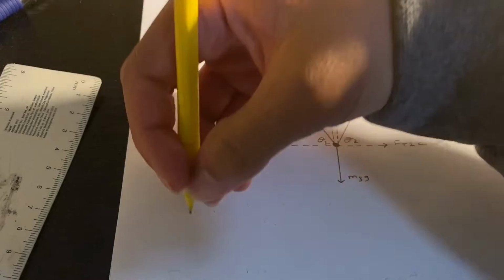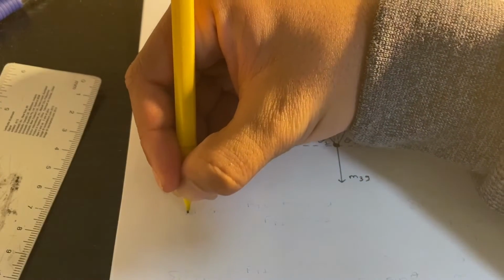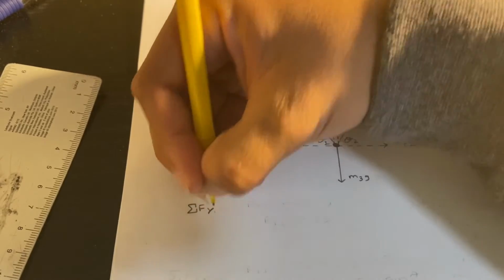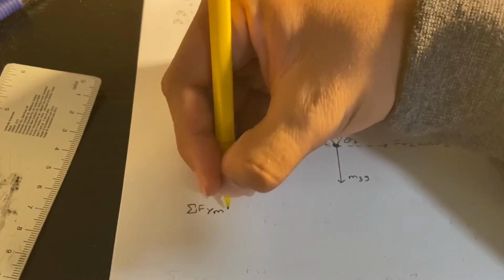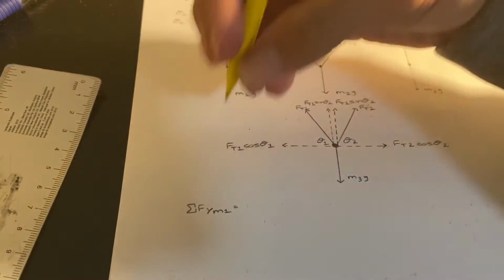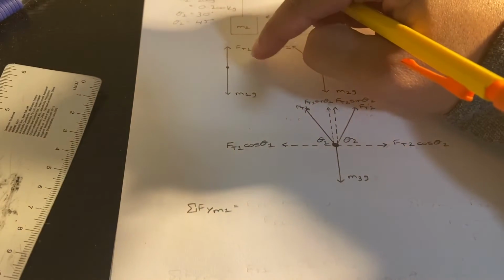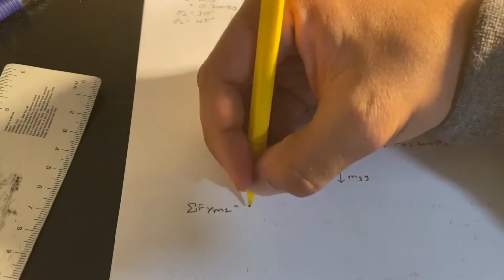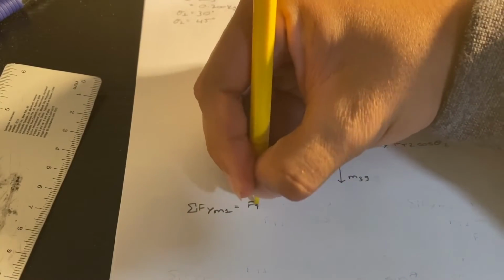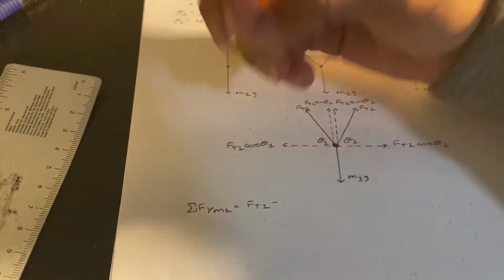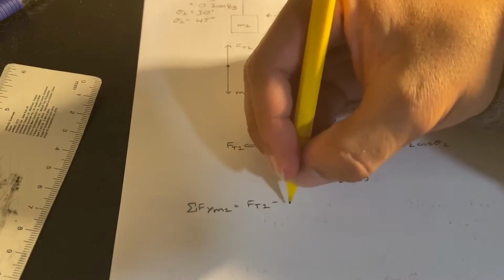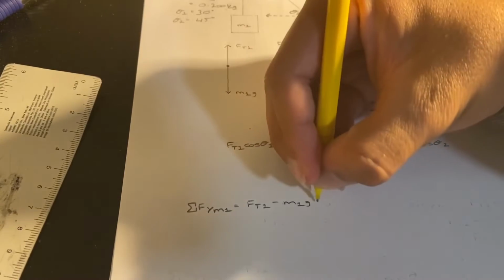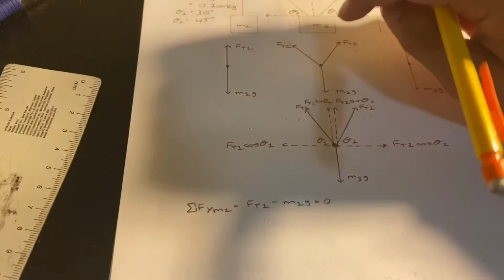So we will say that the sum of forces in the y direction for mass 1 is equal to Ft1, force tension 1, because it's acting in the positive upward direction, minus M1G, because it's acting on the opposite side of Ft1. And that will equal 0 because they're in equilibrium.